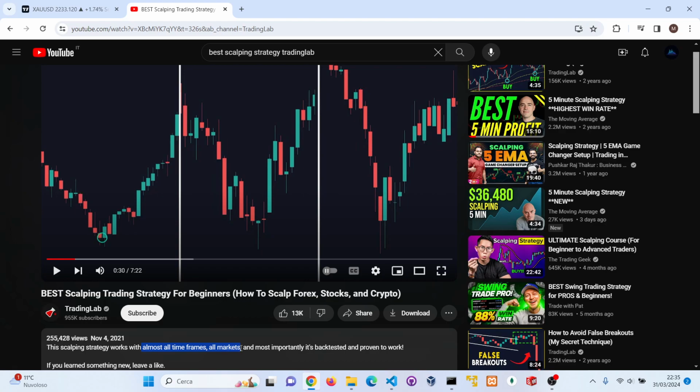And let's talk about the basic conditions. This strategy works on the engulfing candle. An engulfing candle is when you want to take a long position and you have to match these two criteria. So the first one, you have a red candle.